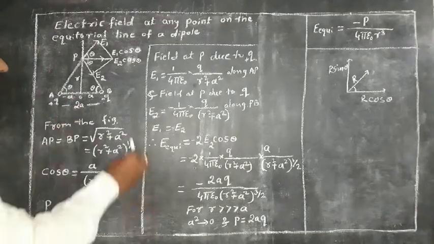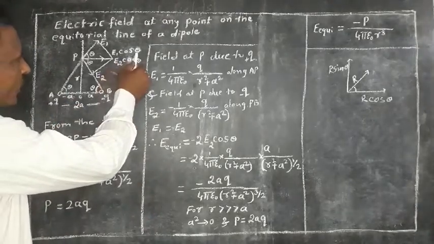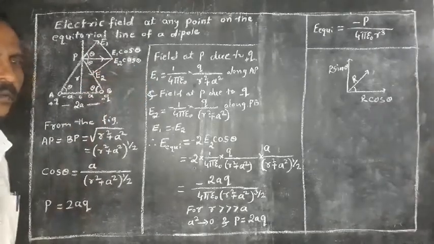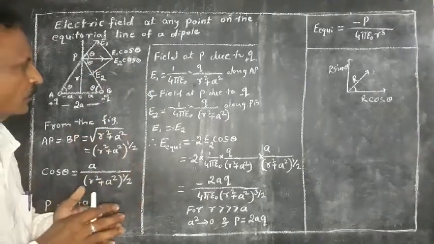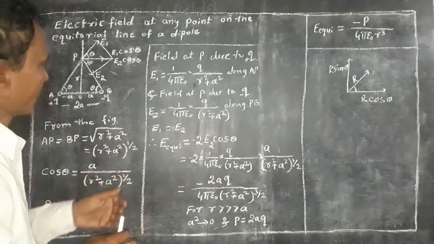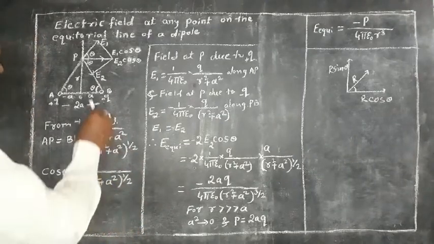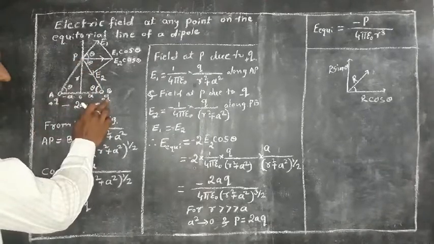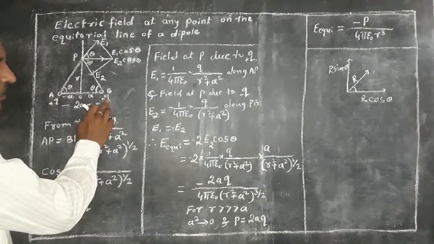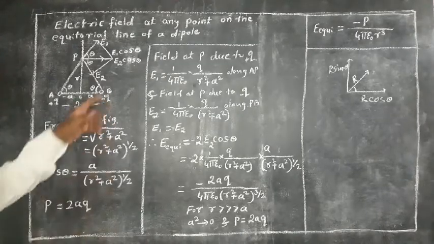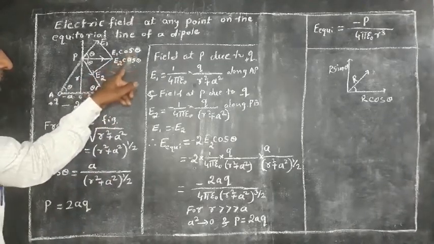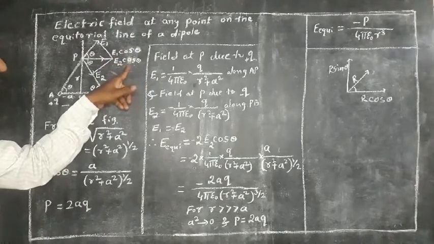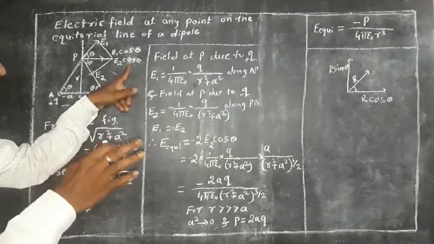Only the horizontal components E1 cos theta and E2 cos theta add up. Therefore, the total electric field at P due to positive and negative charges is E1 cos theta plus E2 cos theta. Since they are equal in magnitude and in the same direction, they add up.